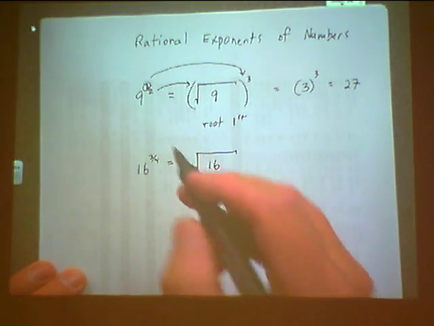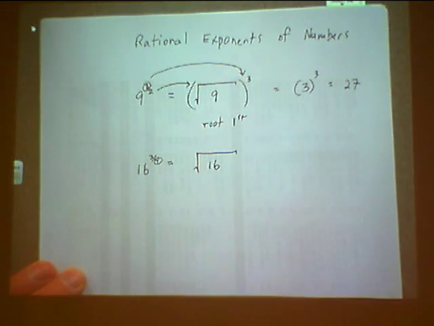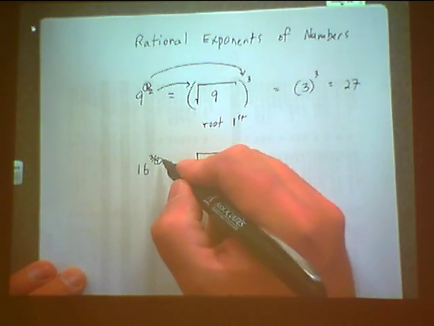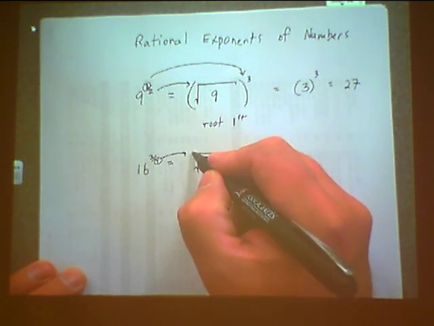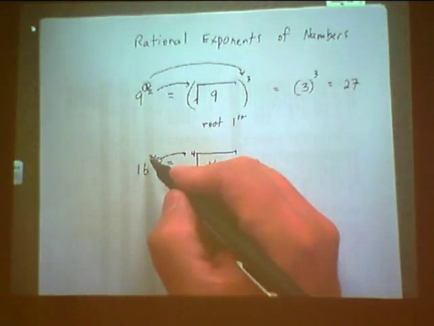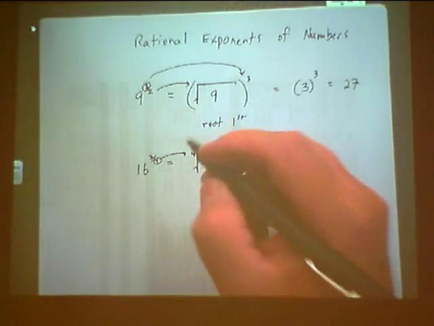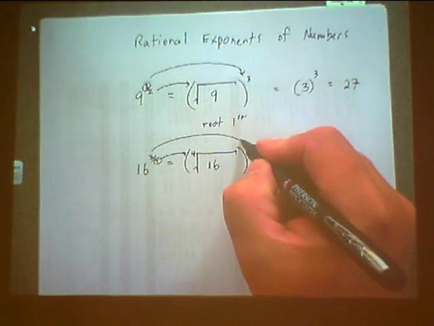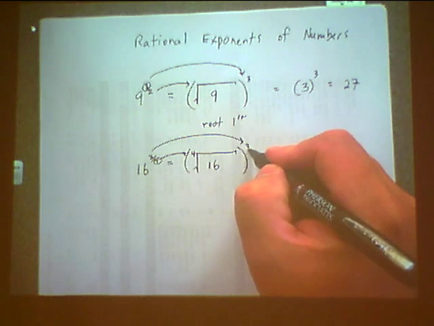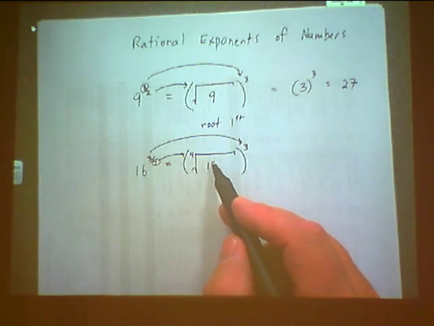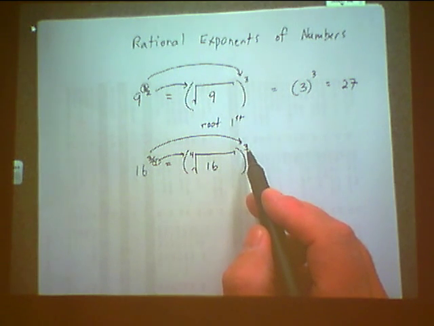Now what is my root? My root is going to be the denominator of this exponent. So in this case, I'm looking at the 4th root of 16, and now the numerator of the exponent I'm going to place way on the outside of the radical. So now I have the 4th root of 16, and that quantity is going to be cubed.